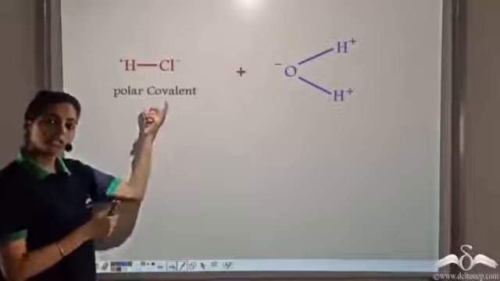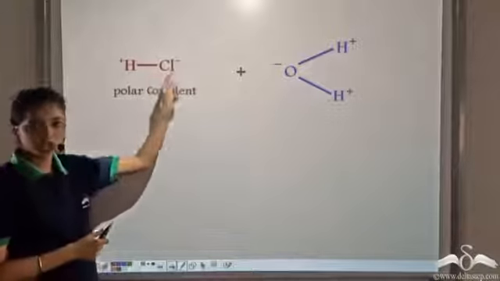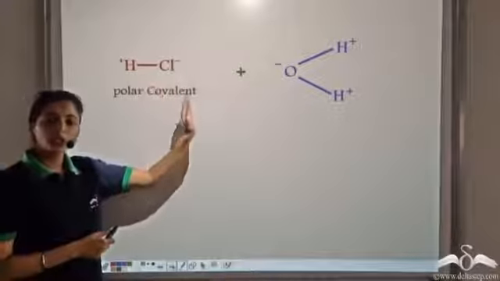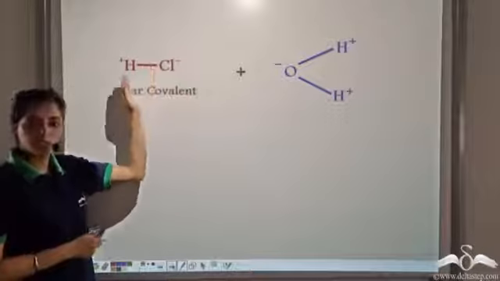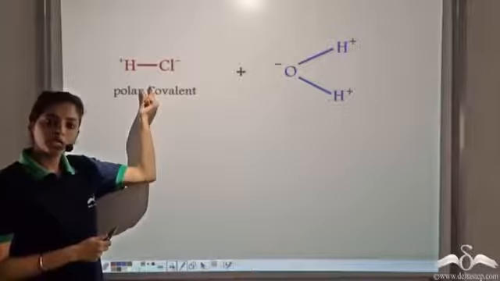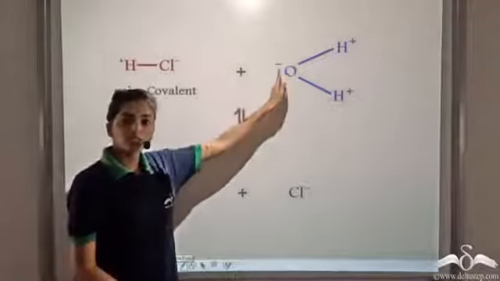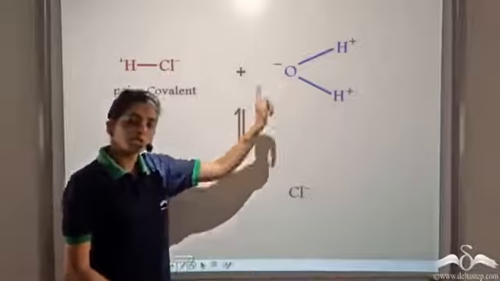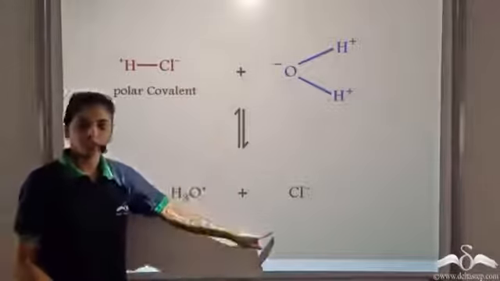Now when we add water, since there is separation of charges, the two ions separate out. That is, H plus separates out and Cl minus separates out. But the H plus ion is not stable, so it attaches itself to the oxygen atom. So we form H3O plus and the chloride ion is separated out.